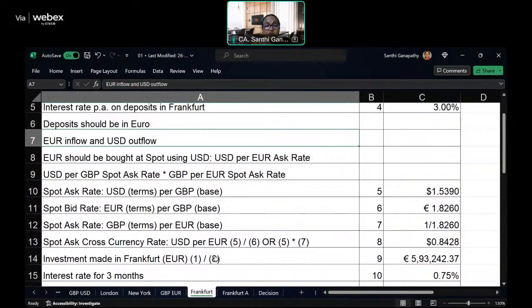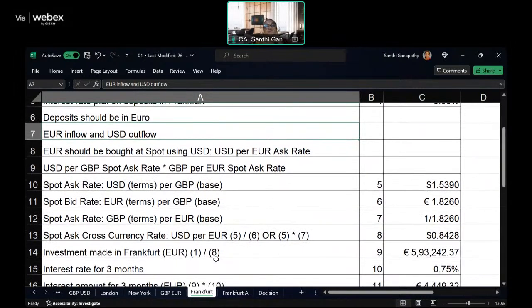So what is the spot currency rate? What I have is euro per GBP. What I want is GBP per euro.